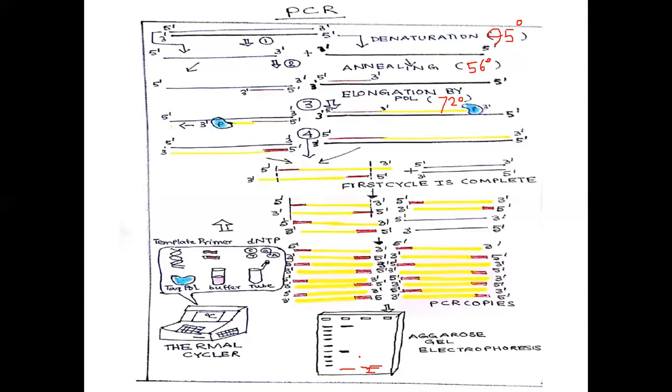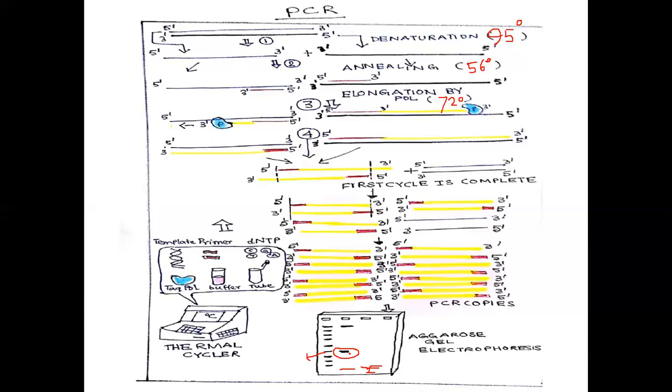These bands are not our target band. This particular band is our target band, because we identify that, suppose, this base pair was our target base pair. If I get a band at that location only, we will be confirmed that our PCR has been successful.